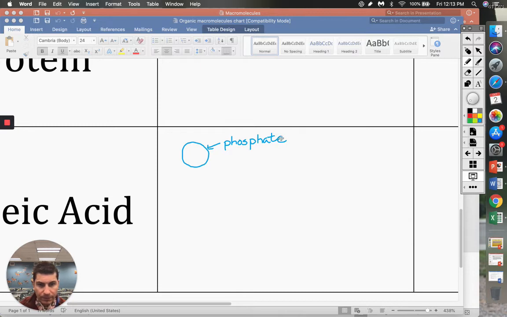Attached to our phosphate, I'm drawing it as a pentagon because it is a 5-carbon sugar. Now, there's 2 different sugars it could be.